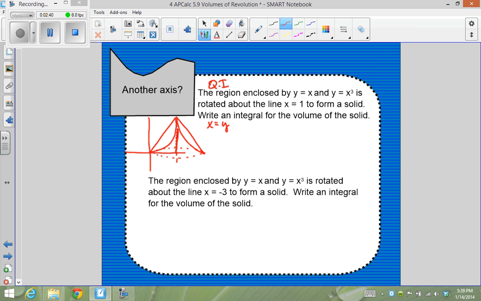And where I have y equals x cubed, that's going to give me x equals the cube root of y. The other thing that we've got to know for sure is where we're integrating. This one is going to be going from down here to up here because it's in terms of y.